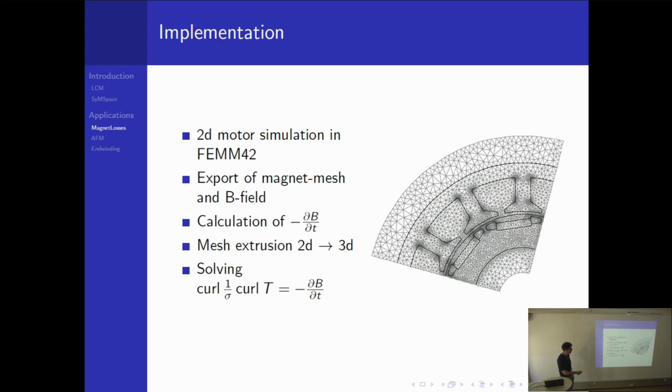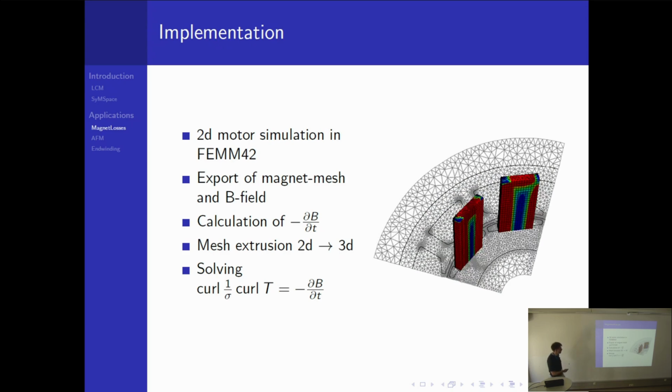So you can calculate this dB/dt for every mesh element in the magnet, and in the next step you extrude the mesh from 2D to 3D, and then you solve this formulation. So you have a curl-curl problem, but the right hand side is what you plug in from the 2D simulation.